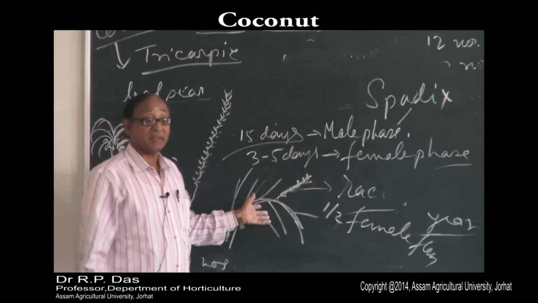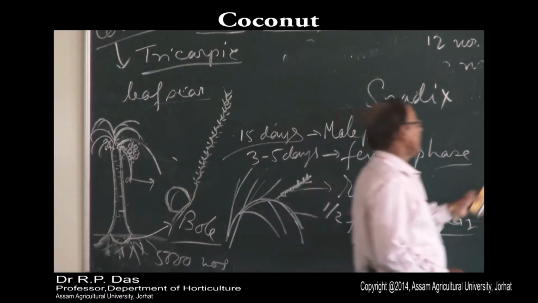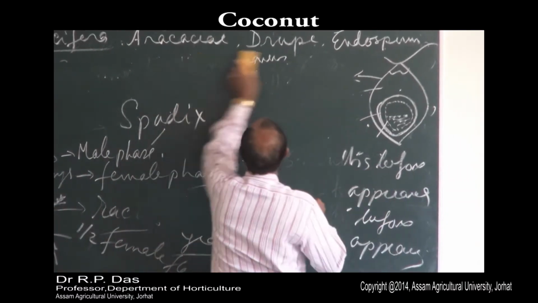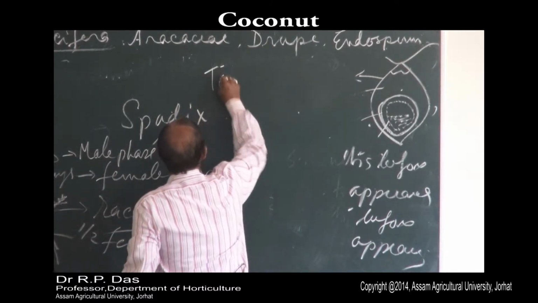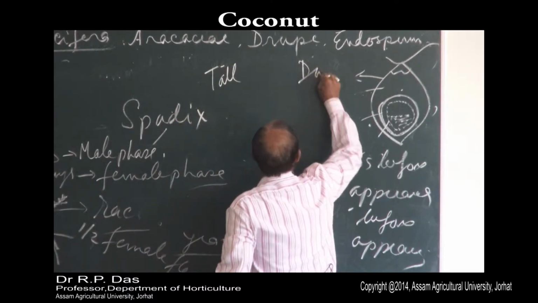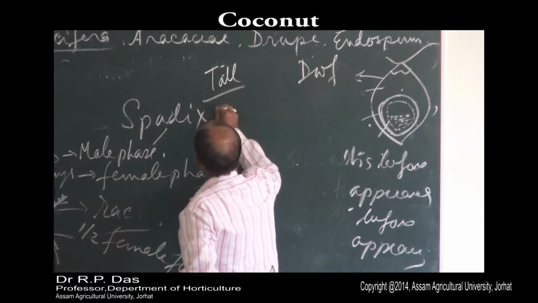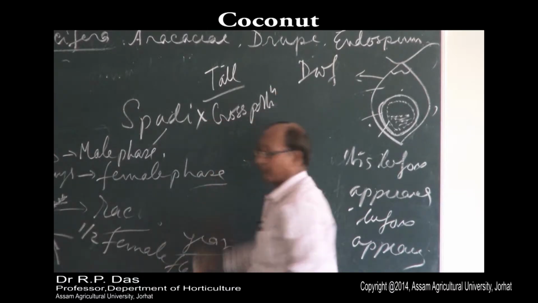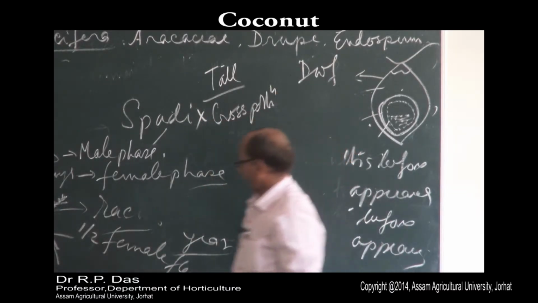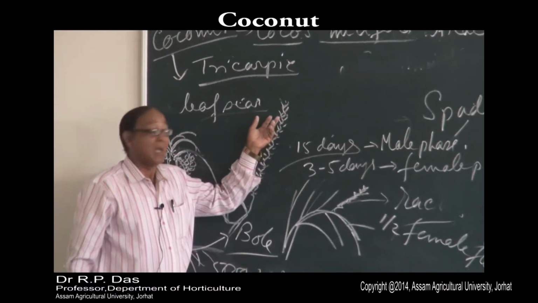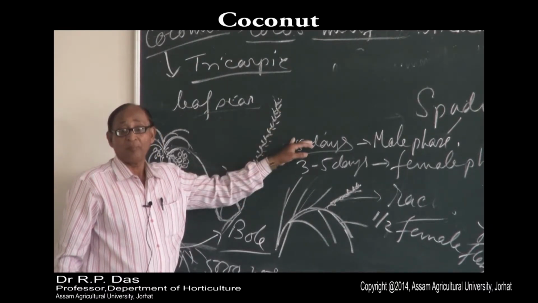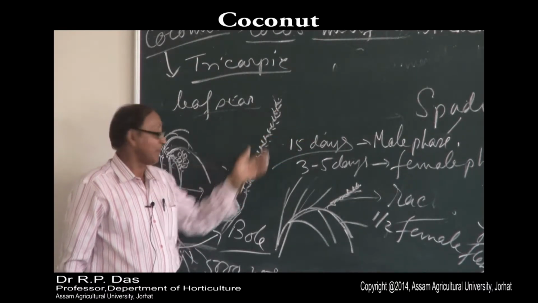Now interesting is that the tall varieties are cross-pollinated, because male flowers open from the tip and gradually after opening it droops off, shedding of male flowers.